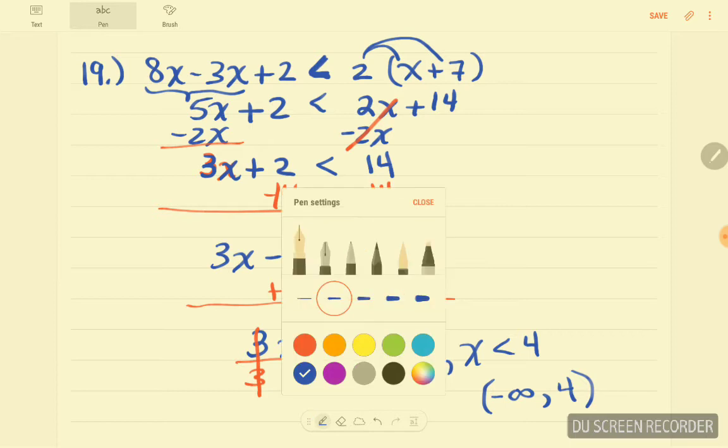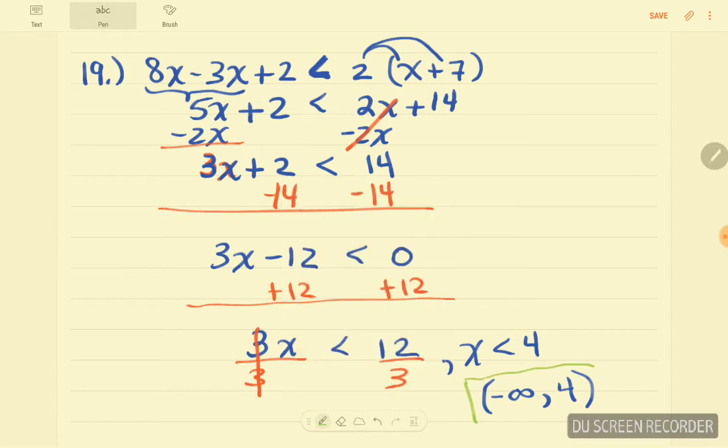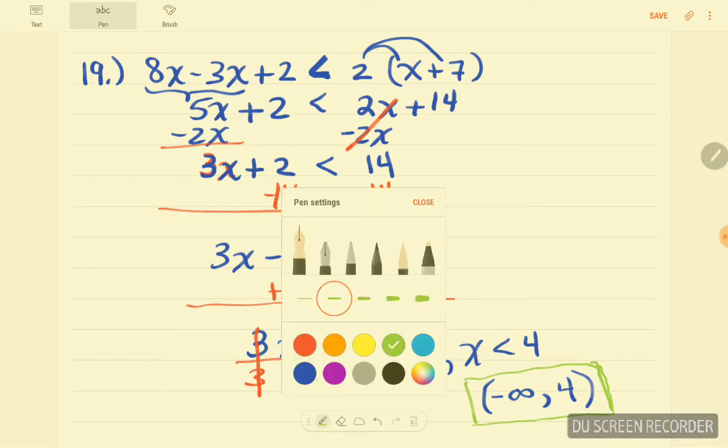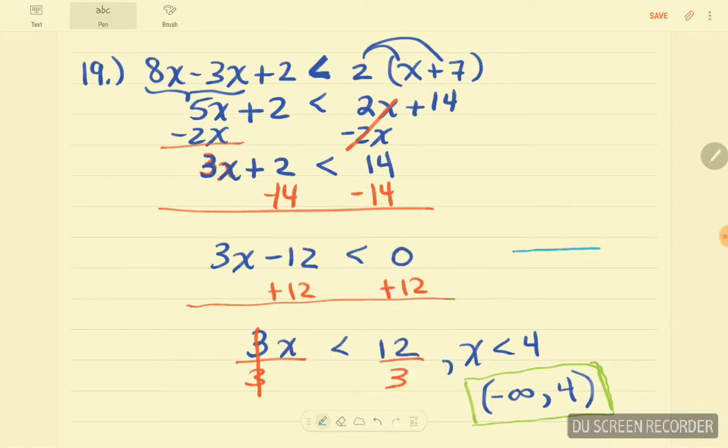Now, that's how it's written in interval notation, but I do recommend that students try drawing a number line whenever you're doing a problem. The reason for that suggestion is that a lot of times students get mixed up when they try to do interval notation.